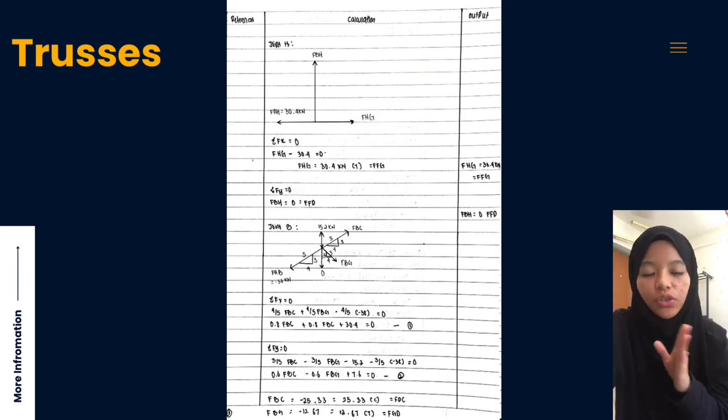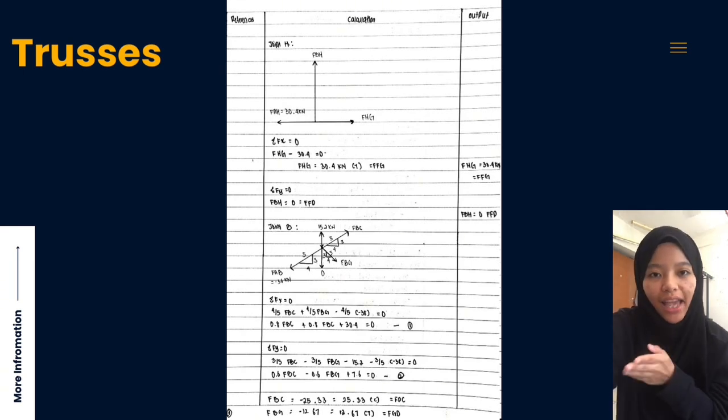For joint B, as you can see, there is a downward vertical load of 15.2 kN, and we will calculate with two equations. The first one is Fx equals 0: 4 divided by 5 FBC plus 4 divided by 5 FBG minus 4 over 5 multiplied by negative 38 equals 0. So the first equation is 0.8 FBC plus 0.8 FBG minus 20.4 equals 0.